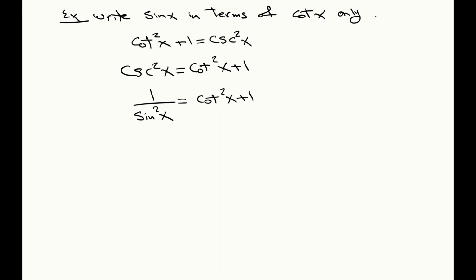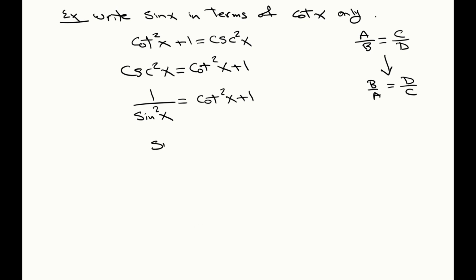So if we go ahead and invert both sides, basically the rule says that if you have a over b equals c over d, then you should be able just to take 1 over both sides and end up with b over a equals d over c as well. So that's what we're going to do. We're going to take the reciprocal of both sides, basically.